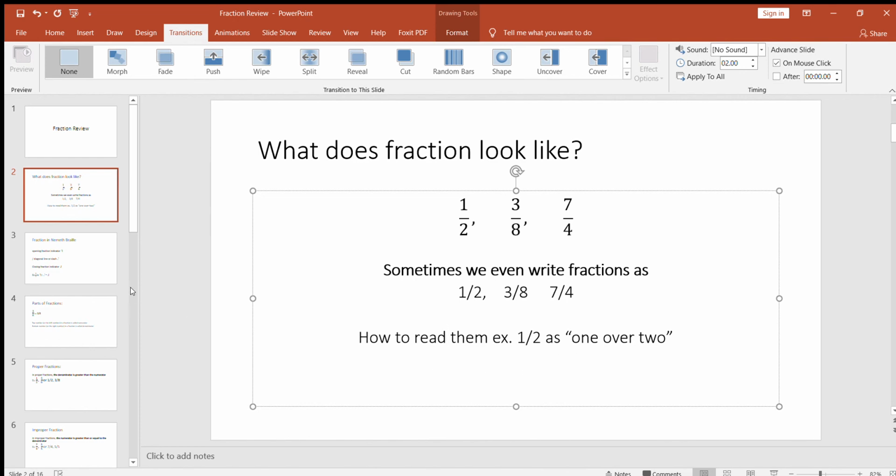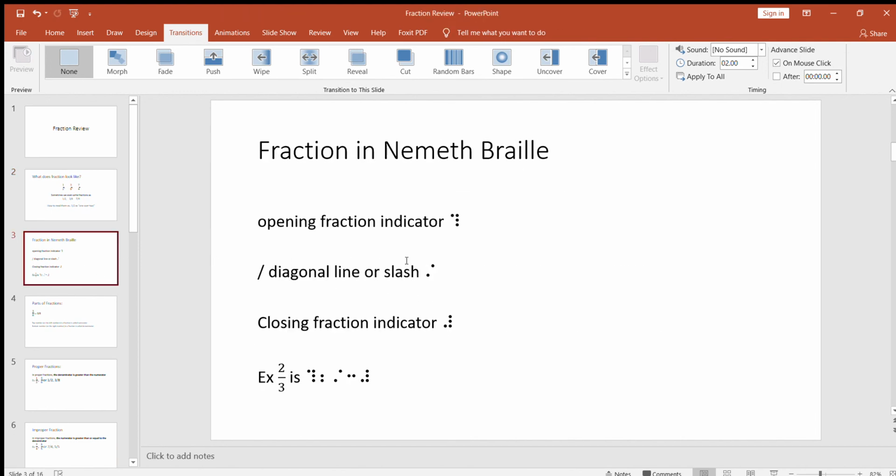Okay? So we can also have fractions in Nemeth Braille. Nemeth Braille, if you guys didn't know, is a type of Braille that is used in math. So in Nemeth Braille fractions, we have an opening fraction indicator as shown in this symbol, and a diagonal line or slash is this.